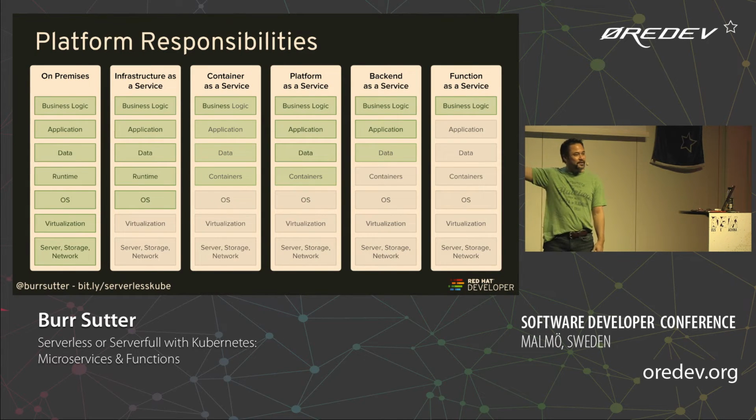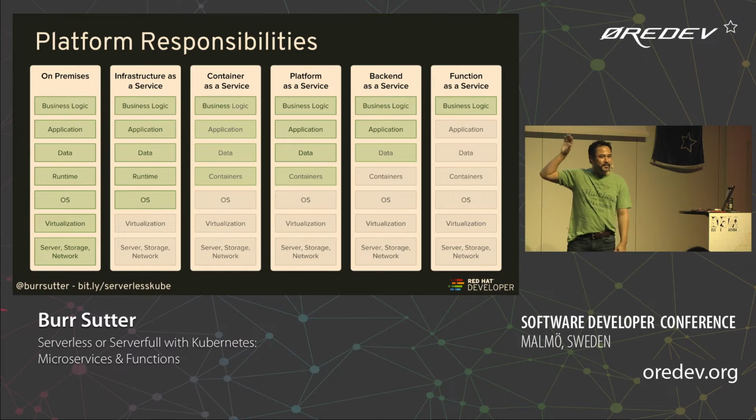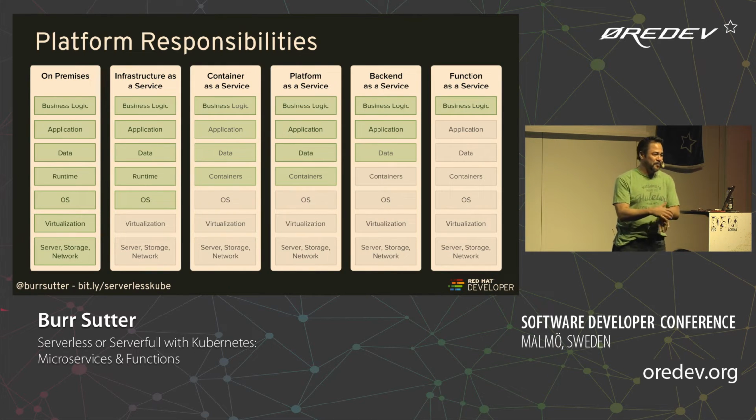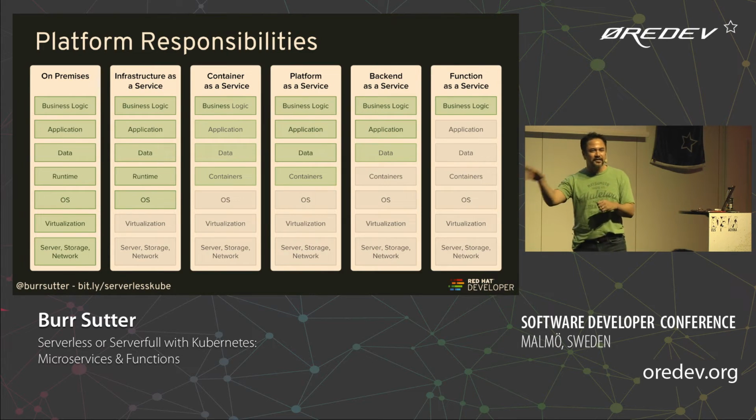But as you notice, as you move through this series of stacks here, what we're trying to do within this overall world is remove complexity from you as a software engineer, you as a software developer. So in the case of infrastructure as a service, I want to go to a cloud provider, or even a private cloud provider, and let someone else figure out the hardware side of it. I don't have to worry about power and ping. I don't have to worry about racking and stacking. Someone else drags cable.